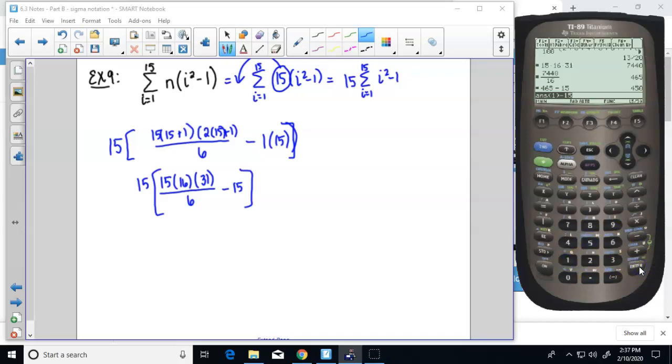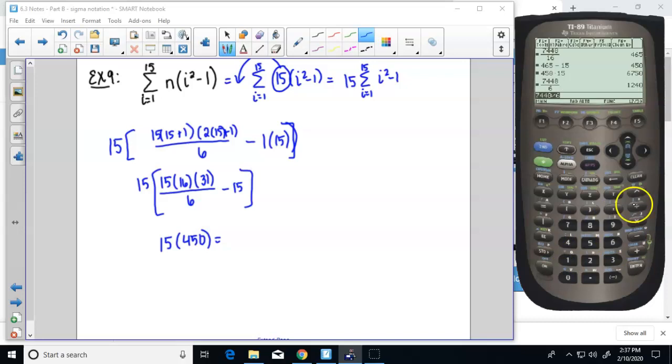So you get 15 times 450, and so you would get 6. Oh, wait, I messed up. 15, 16, 31. Let's see. Oh, I divided by 16 right here. Let me try it again. 7440 divided by 6.